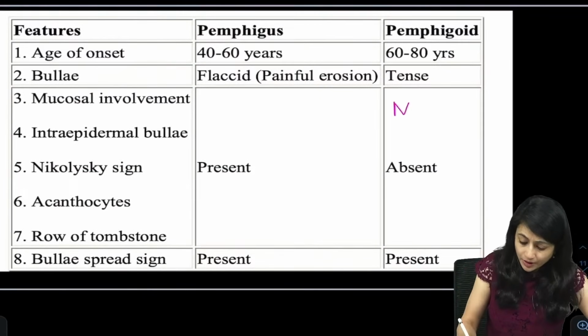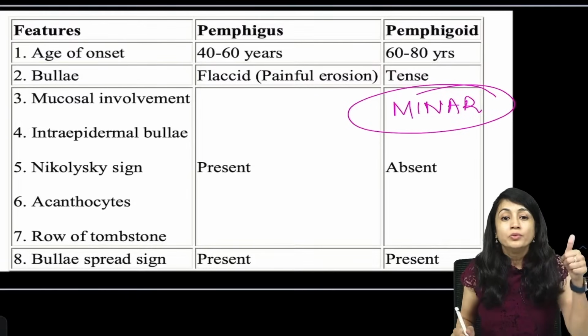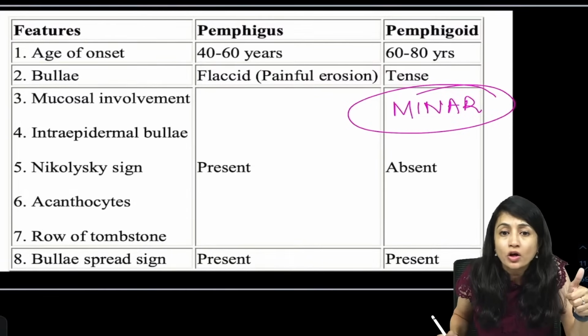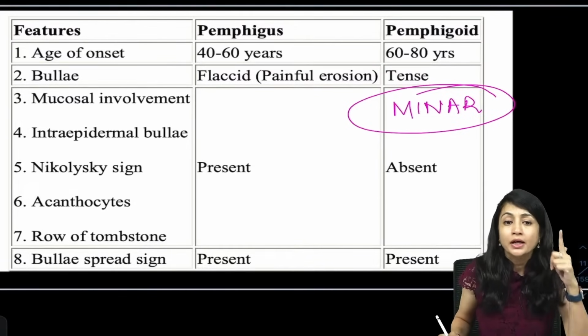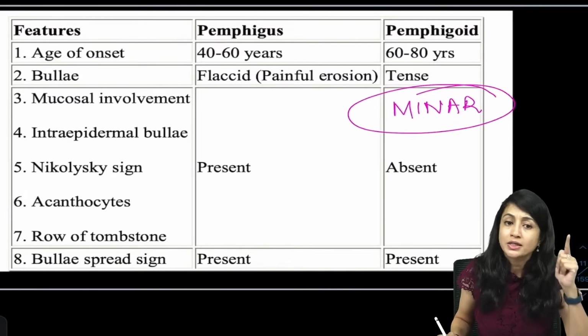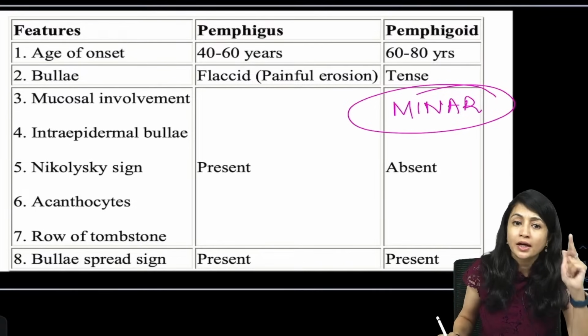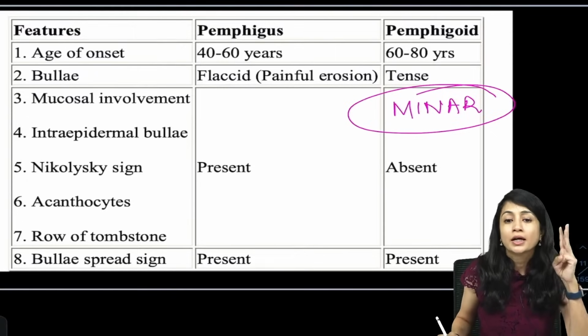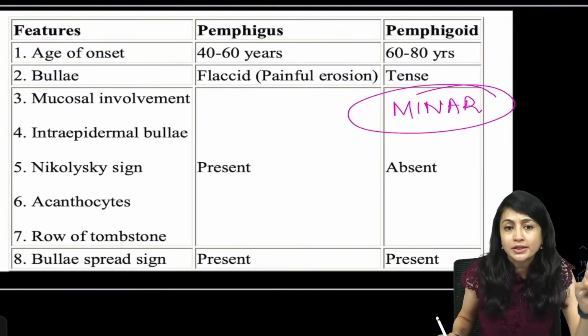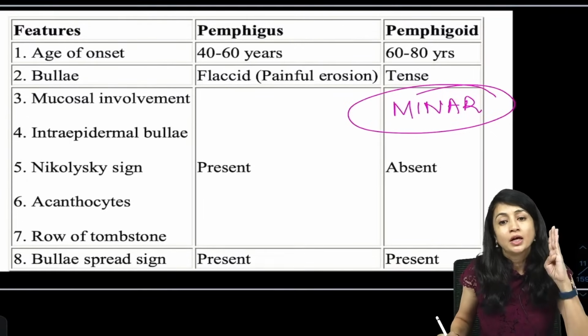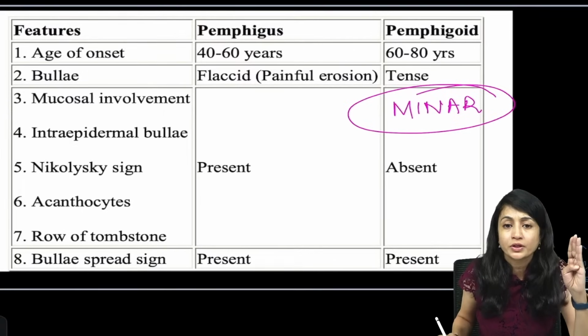Then there are other signs which help us differentiate between pemphigus and pemphigoid. We can remember it with the help of a mnemonic, MINAR. Mucosal involvement is more commonly seen in pemphigus. Intraepidermal bullae are seen in pemphigus. N for Nikolsky's sign is again positive in pemphigus. Acantholytic cells are seen in pemphigus, and row of tombstone is also seen in pemphigus. So remember this mnemonic MINAR.